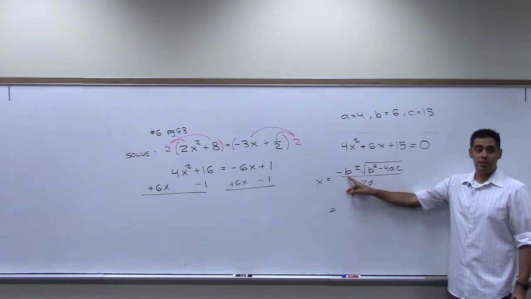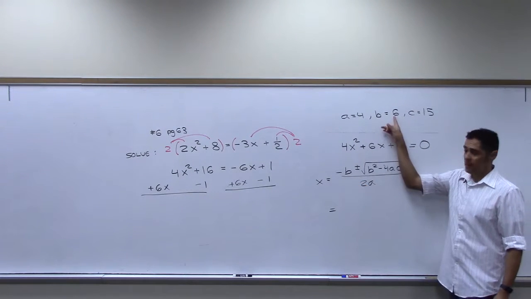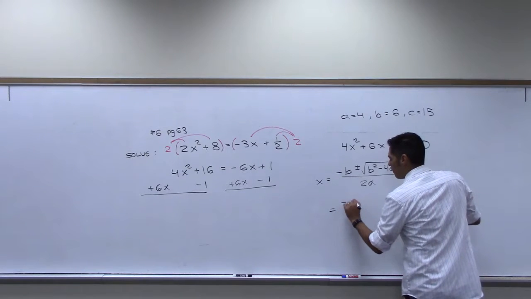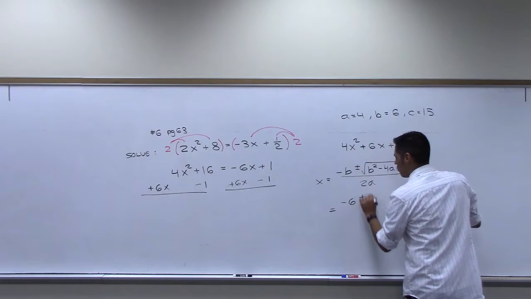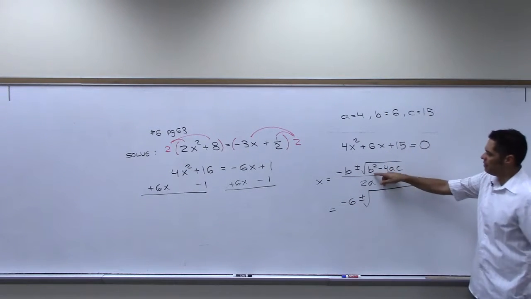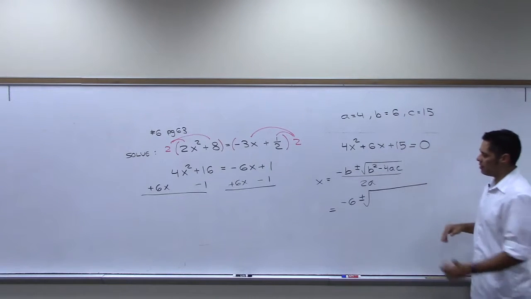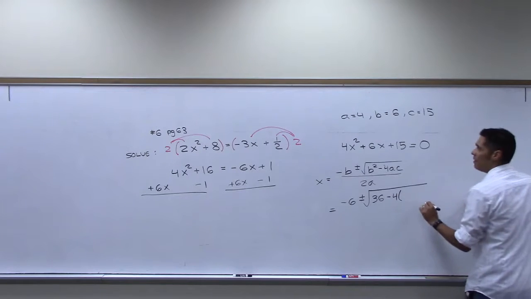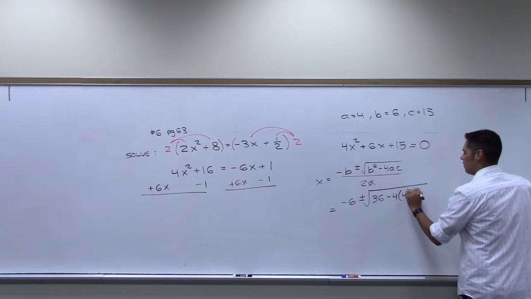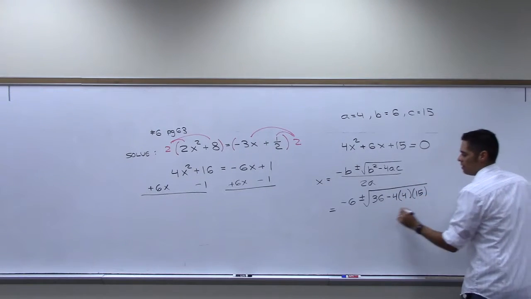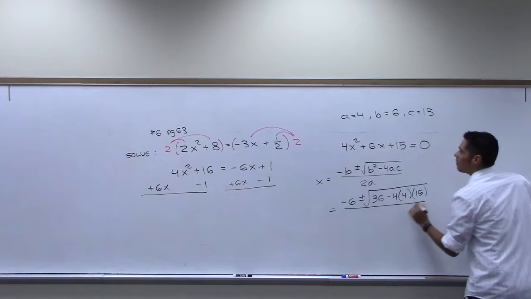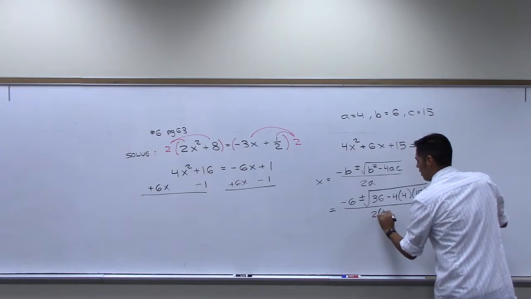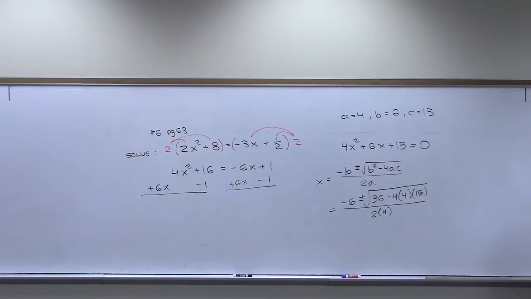Negative b is negative 6 plus or minus the square root of b squared, so 6 squared, 36, minus 4 times a, which is 4, times c, which is 15, all over 2 times a, which is 2 times 4.